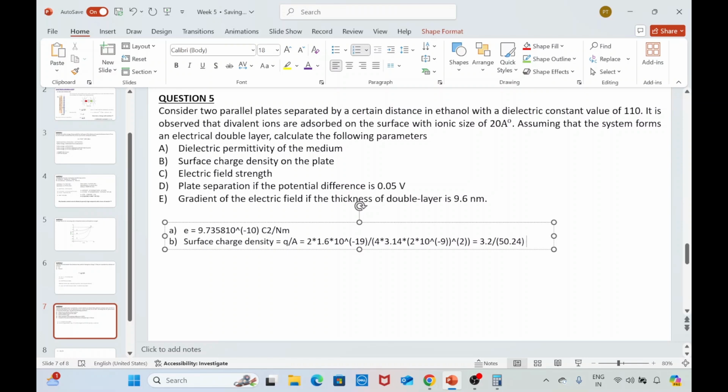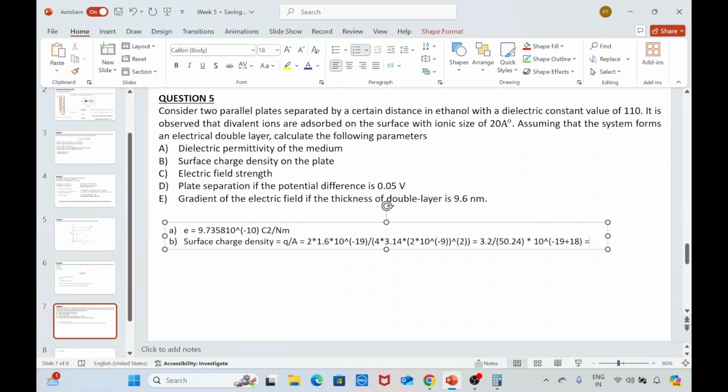And this entirely multiplied by 10 to the power minus 19 plus 18 in the denominator. So it will be plus 18.